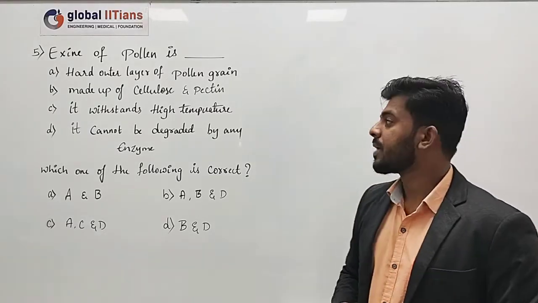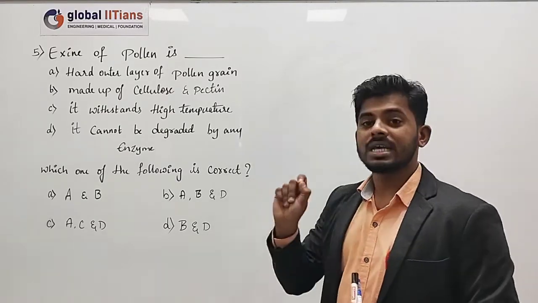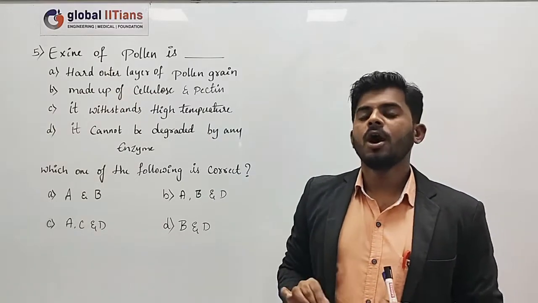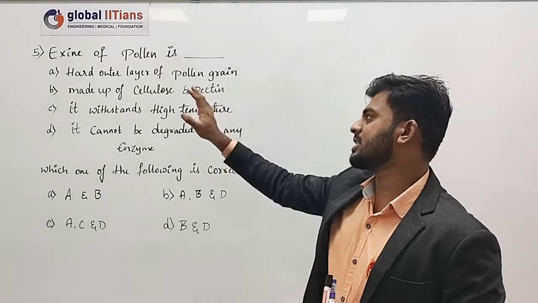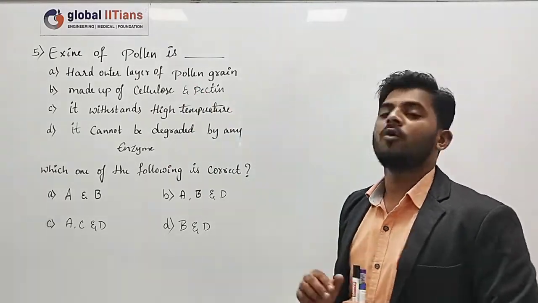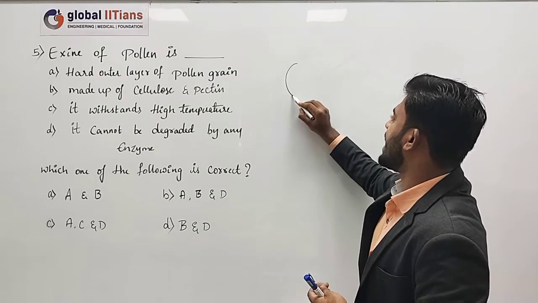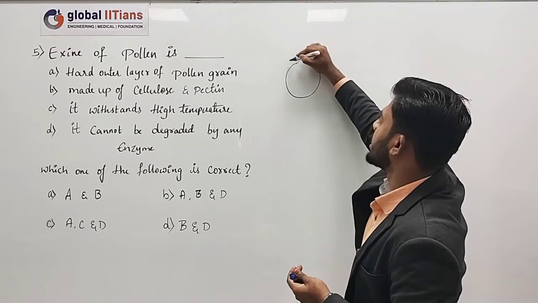Dear students, here we have to check which among the statements are correct with respect to the enzyme of pollen grain. Now, to answer this kind of question, we should be aware of the concept, that is enzyme of pollen. The pollen is made up of 2 layers, inner layer and outer layer.